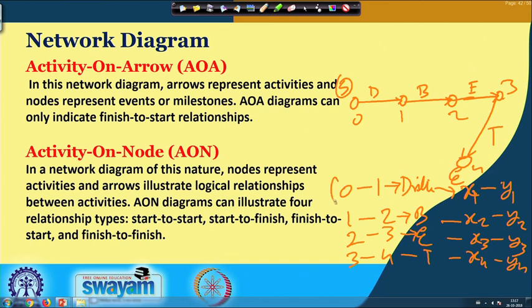So, these are the representations of each activity in network form.